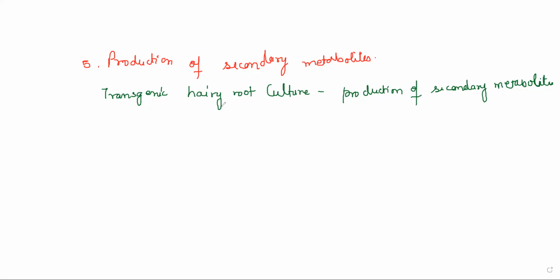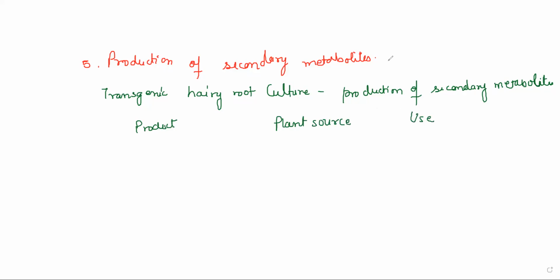I'll just give you some examples of secondary metabolites. For example, we have the product, the plant source, and the use.